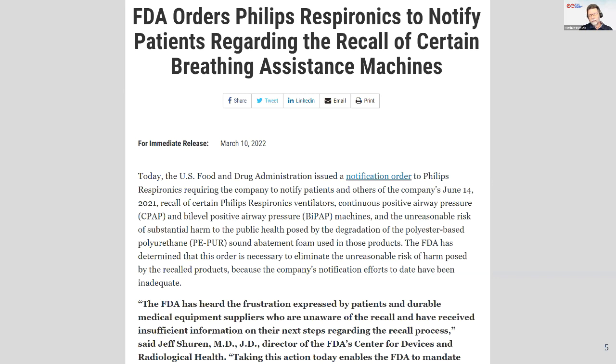Do I continue to use it, knowing that there's some risk of hazard to myself, or do I stop using it and then not have the benefit of the ventilatory support that I was expecting for this device that I may have rented, or I may have bought, or I may have borrowed from my neighbor? And so this is the first point that I want to make.